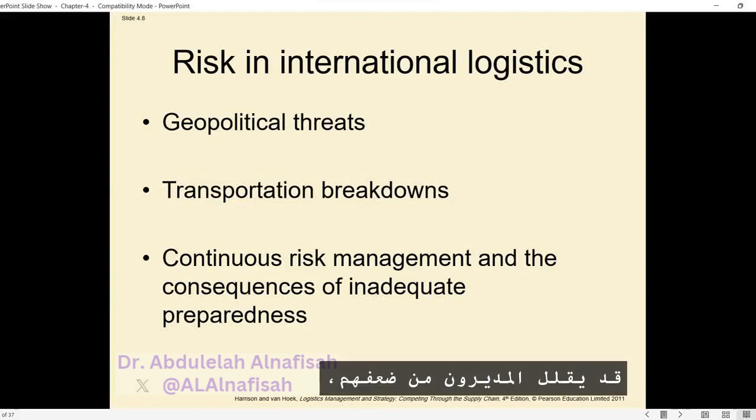Managers might underestimate their vulnerability, assume government assistance, or prioritize competing business issues. To address these challenges, Peck, 2003, offers a self-assessment for supply chain risk and an operational level toolkit, providing tools and resources for managing risks in supply chains.